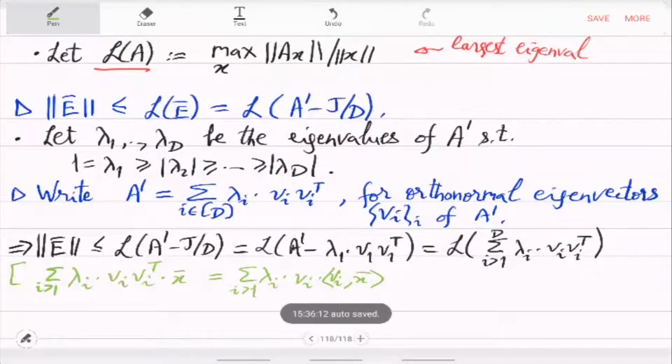It becomes the sum of lambda I times vi times this real number, the inner product of vi and x bar, and you are interested in the norm of this. And remember that the vi's are orthogonal.